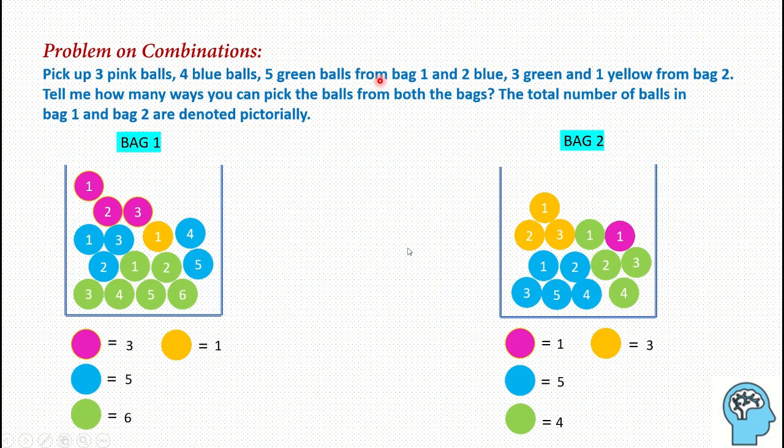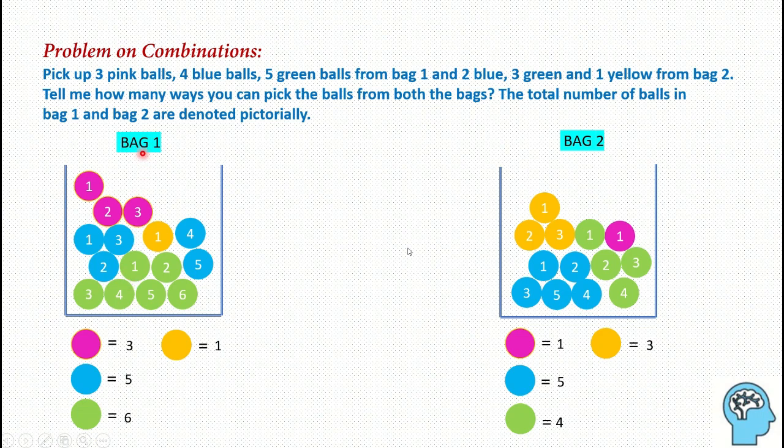The total number of balls in bag 1 and 2 are denoted pictorially. So let's look at the diagram. Bag 1: there are 3 pink balls, 5 blue balls, 6 green balls and 1 yellow ball.